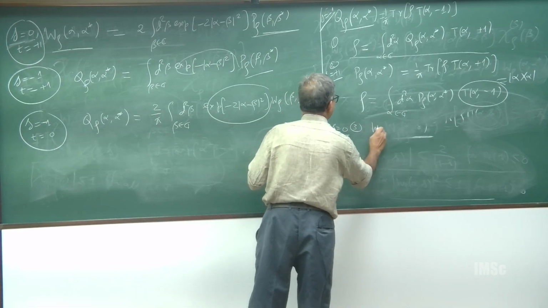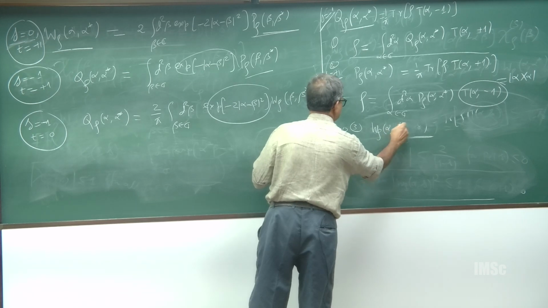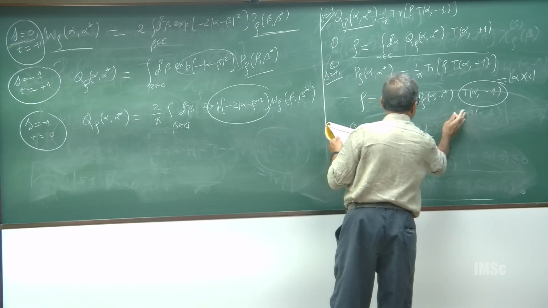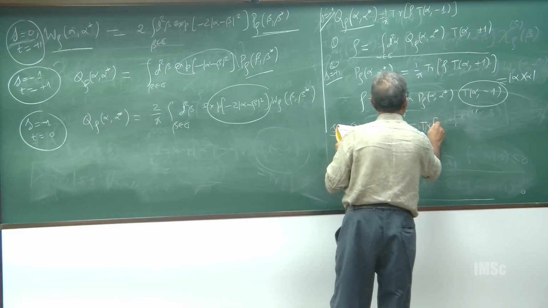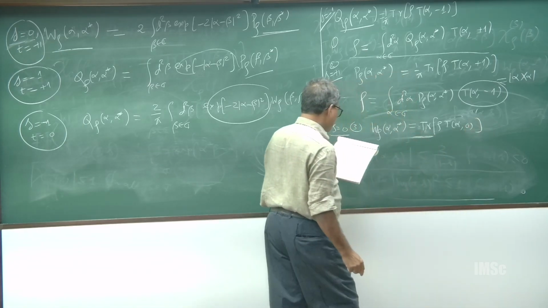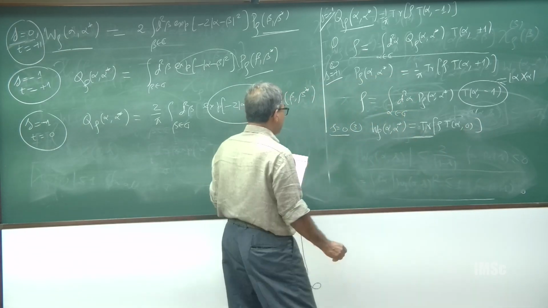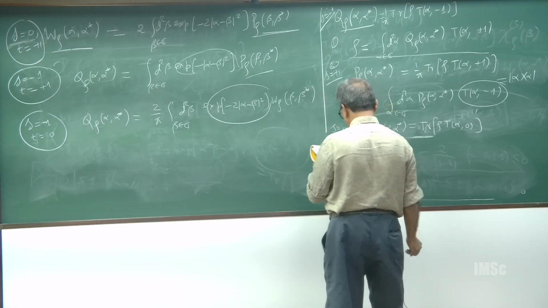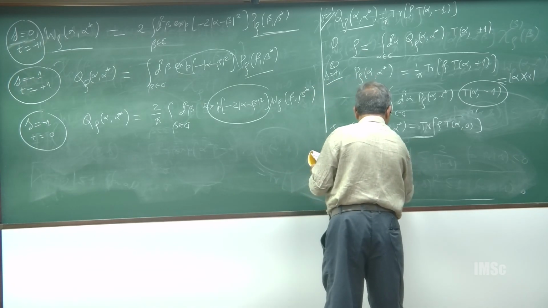Okay. And then s is equal to 0. So this is W rho of alpha alpha star, equal to trace of rho T of alpha 0. Here you see you do not have this 1 upon pi factor. And for the inverse transformation, rho is written with this 1 upon pi factor now appearing here.